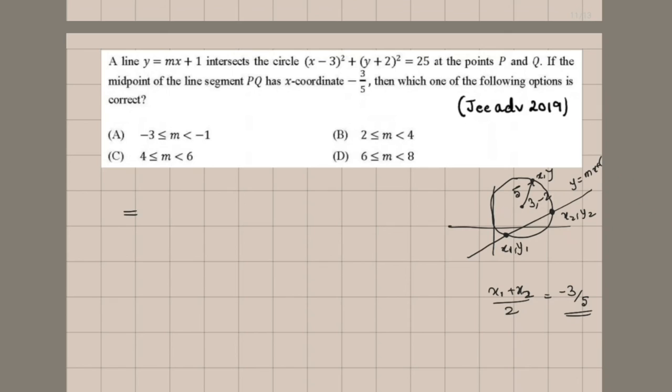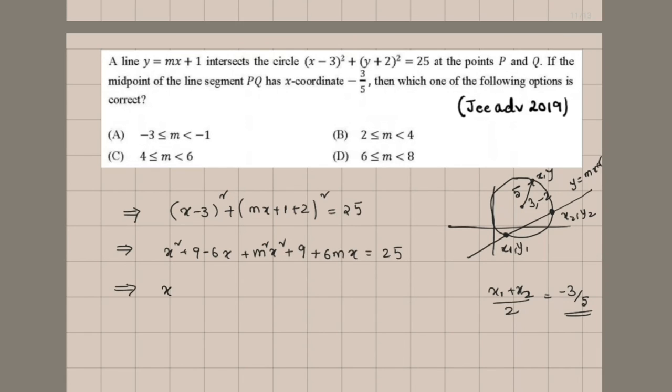See, (x minus 3) whole square plus y square, where y is nothing but mx plus c, because we need to find the intersection of this line and the circle, equals 25. If you expand this, x square plus 9 minus 6x plus m square x square plus 1 plus 2 is 3, 3 square is 9, plus 6mx equals 25.